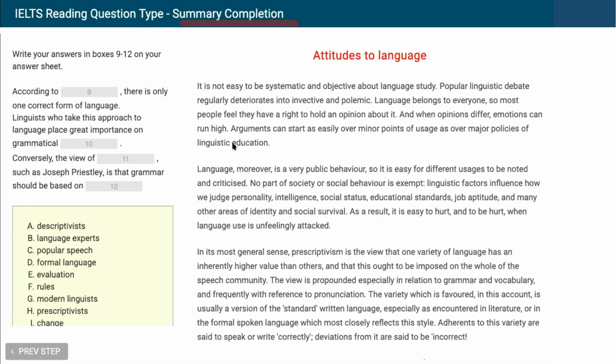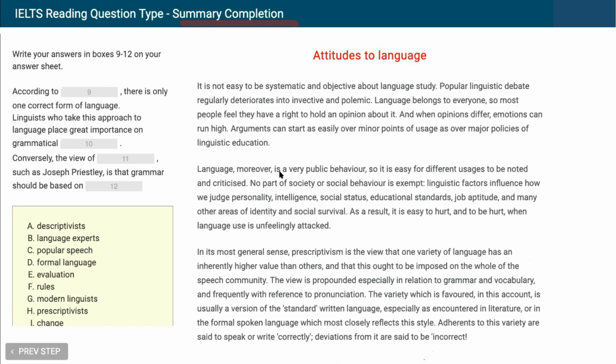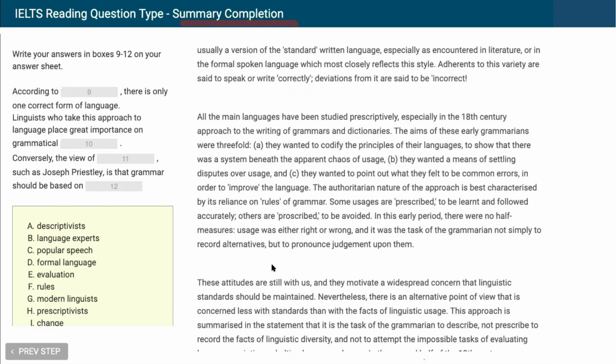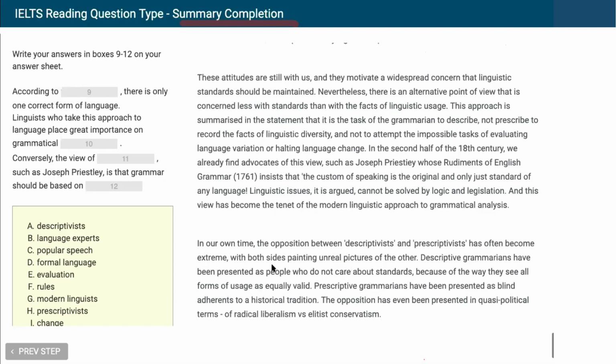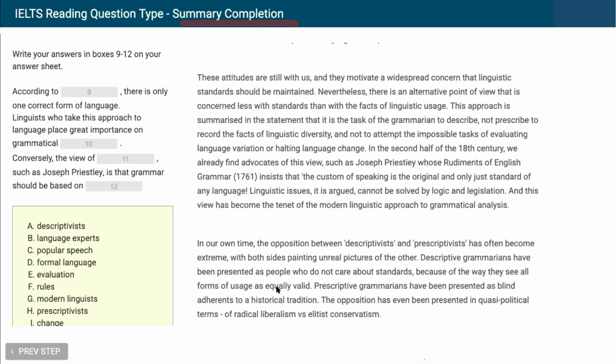Also, keep in mind that the summary will usually come from one section of the text. Now, this is a usual procedure. So, for example, these 4 answers could come from perhaps the beginning or the middle of the text or just the end of the text. It's rare that you'll see the first answer in the first paragraph and the last answer in the last paragraph.